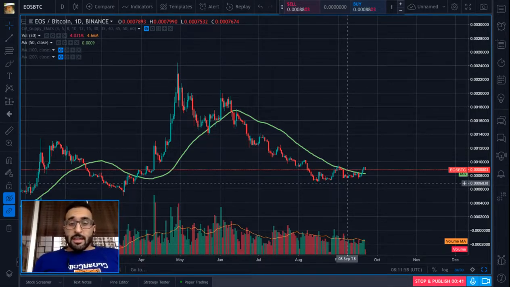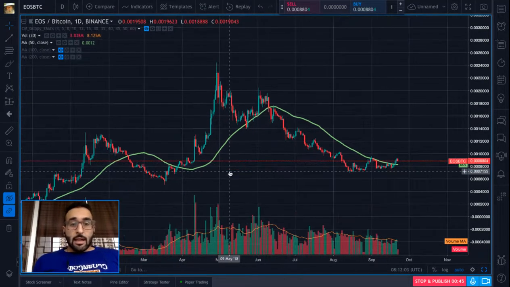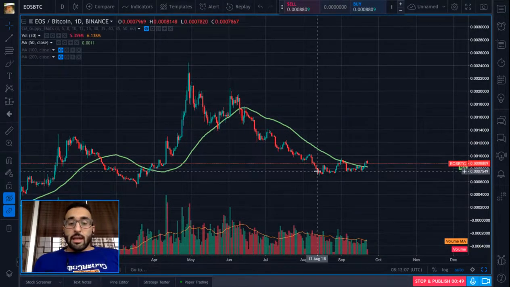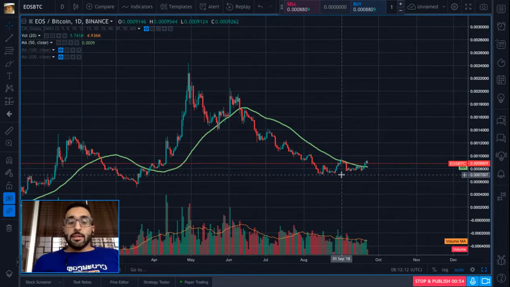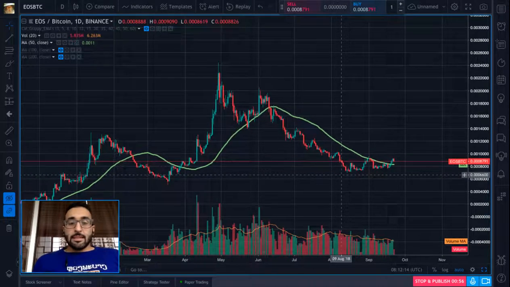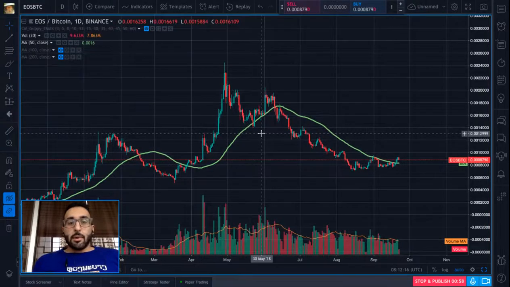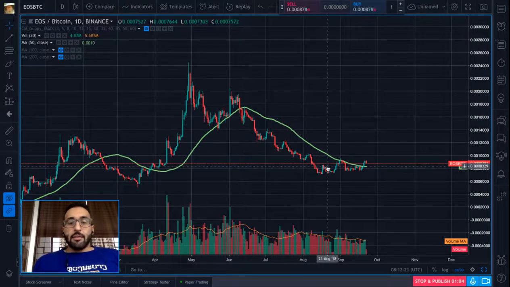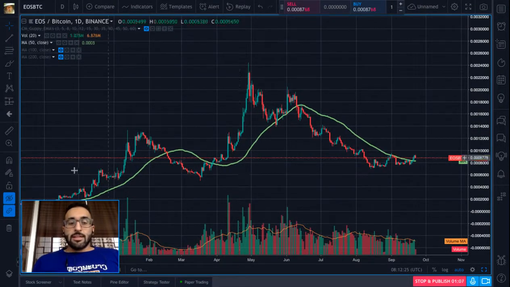The thing with EOS that is kind of interesting for me is how much it could go down. It's a daily chart on Binance, so what you see is the whole life cycle of how EOS started, from the very basic, below $1 when it started.